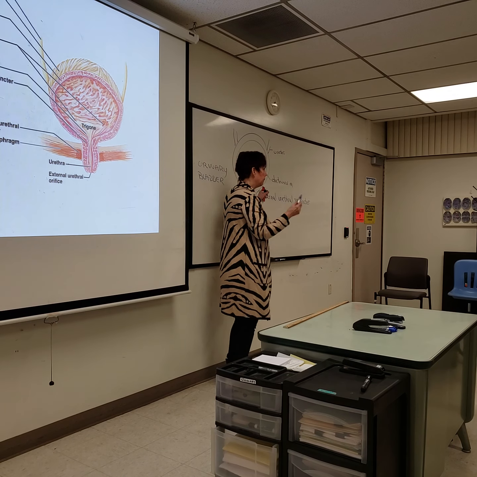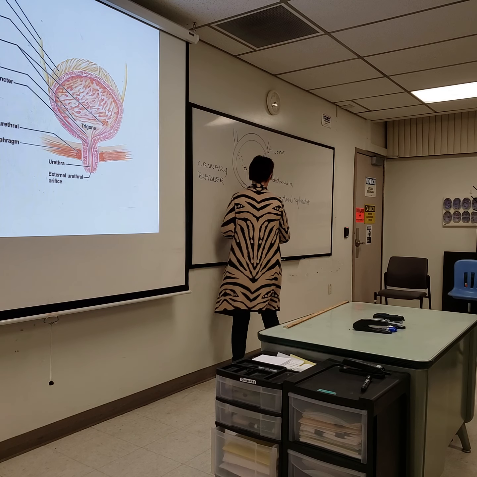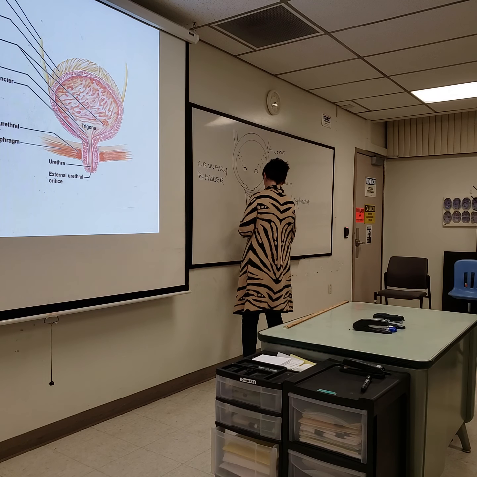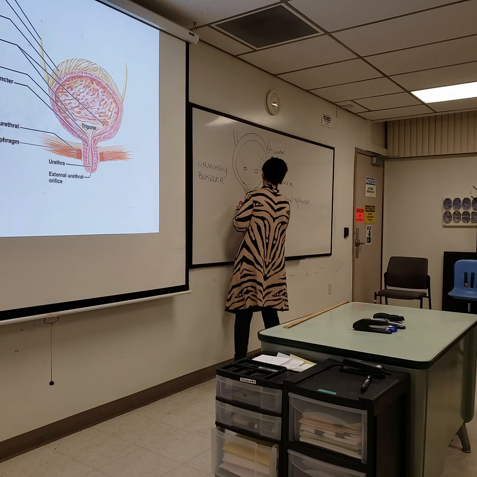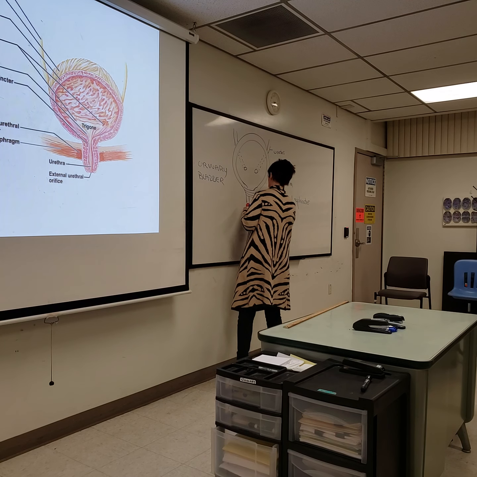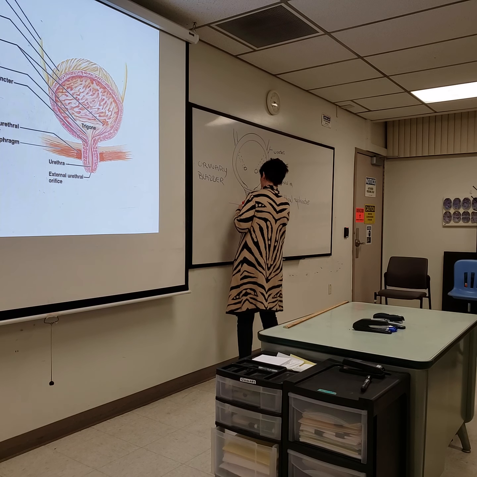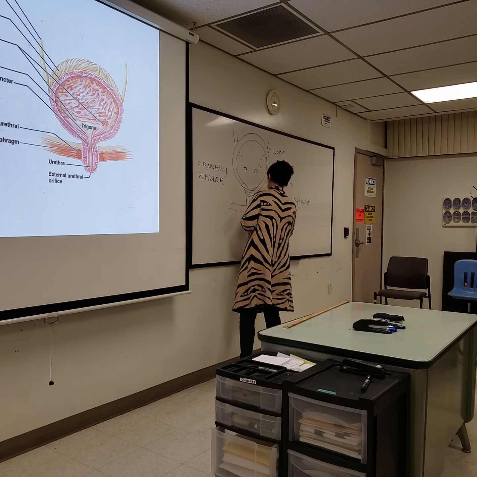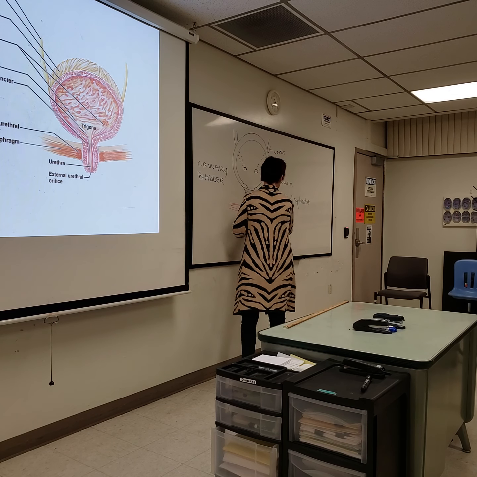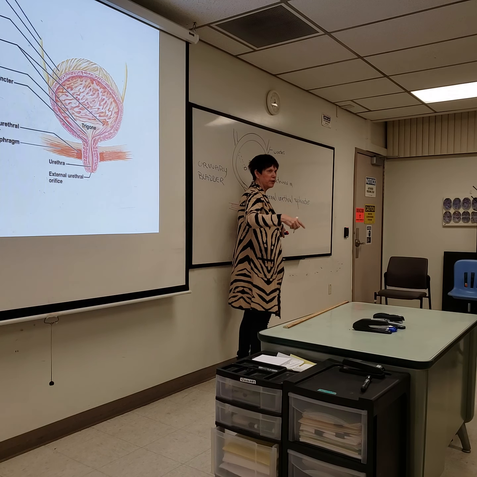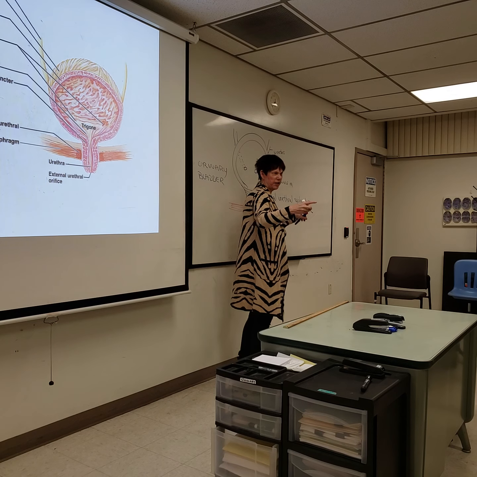So we'll make this a blend between the two. Actually, we'll make this a little bit shorter and put in the external urethral sphincter. This is skeletal muscle. It was also our deep transverse perineal muscle, if you recall, or the urogenital diaphragm.